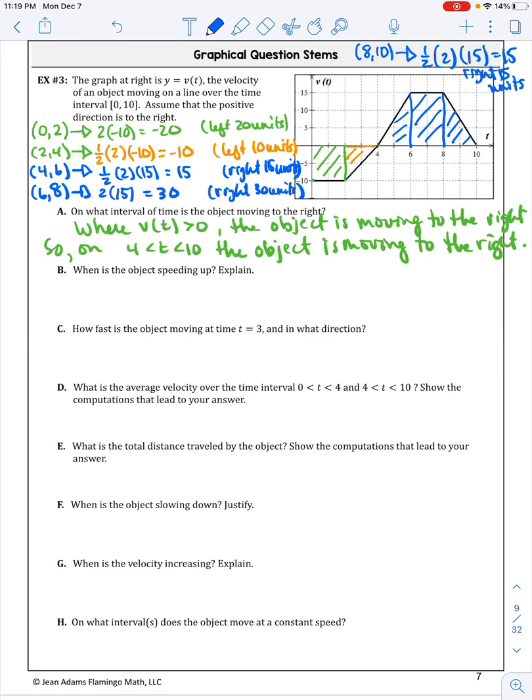Okay, so let's think about what that means. Speeding up is when you've got the same sign for velocity and acceleration. So when v of t and a of t have the same sign, the object is speeding up.